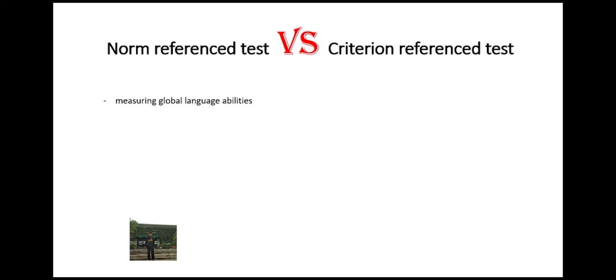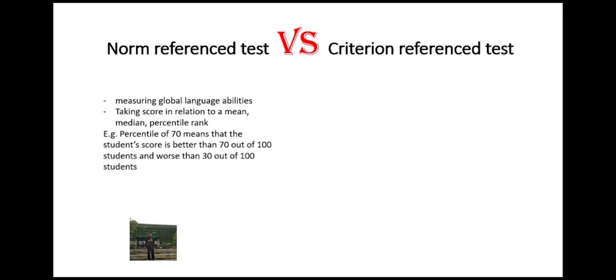And the third is norm reference test and criterion reference test. First, norm reference test or NRT. NRT is measuring global language abilities such as listening ability, reading comprehension, speaking, or others. NRT is used to know students' ability in a language in the form of mean or average score, median or middle score, or percentile rank.